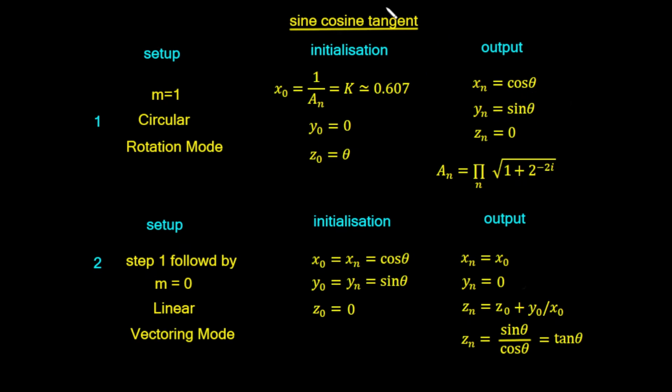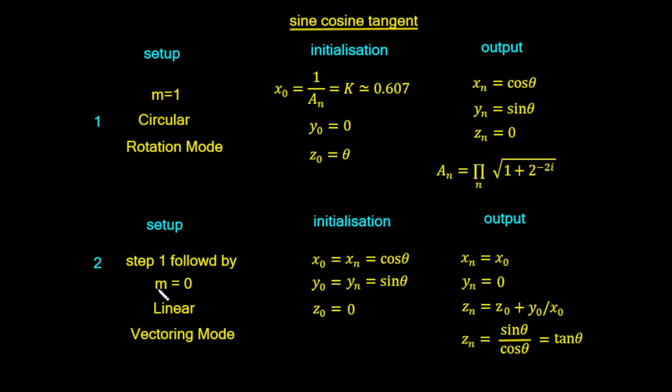Now if we wanted to generate the tangent function, we know that the tan can be written as the sine theta upon cos theta, so we have to go through the division. So the setup is we follow step 1 in order to get the cosine and then the sine.